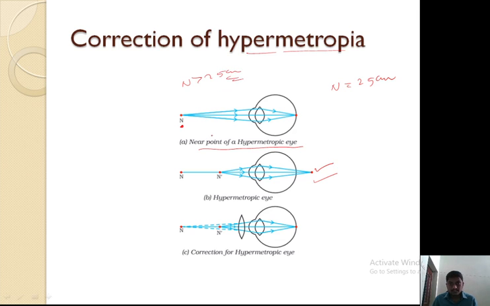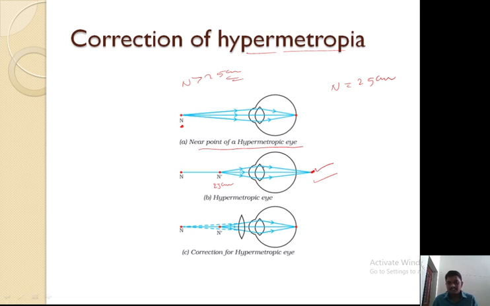Now, when you place an object at 25 centimeters, what happens? The eye lens, through the ciliary muscle, does not adjust its focal length enough, so it forms the image at some other place, not on the retina but behind the retina.